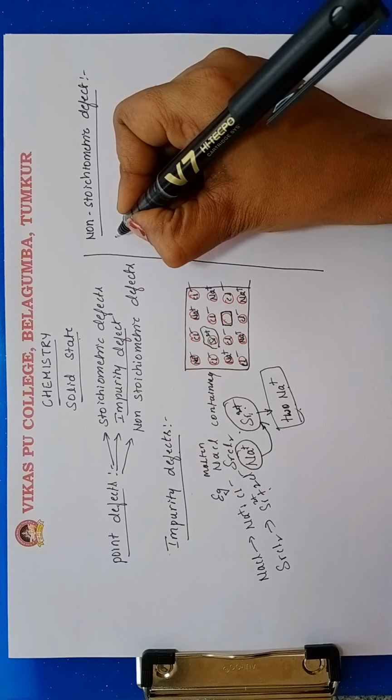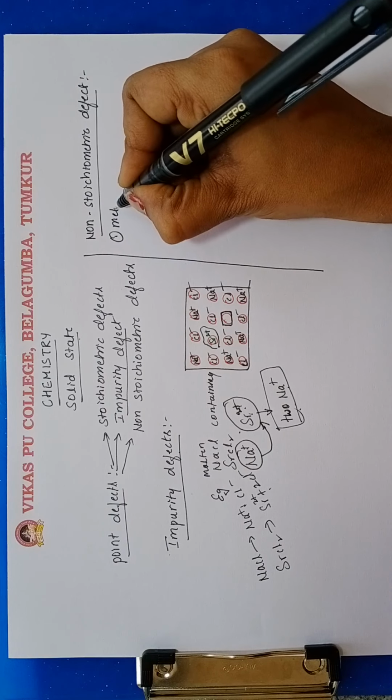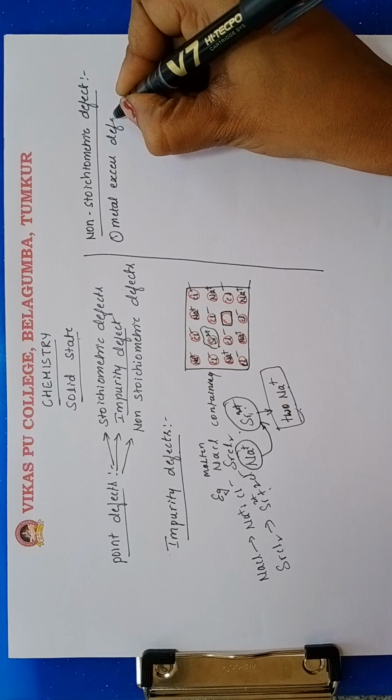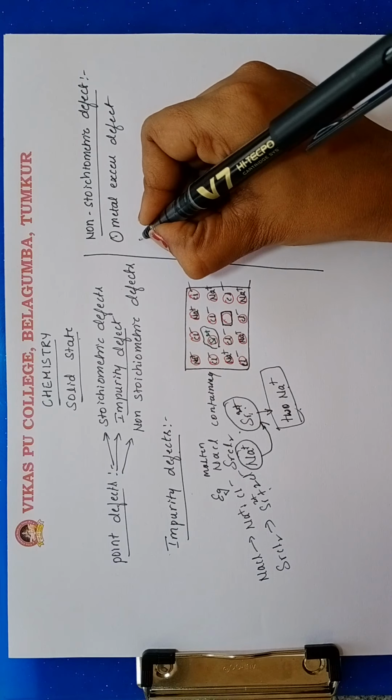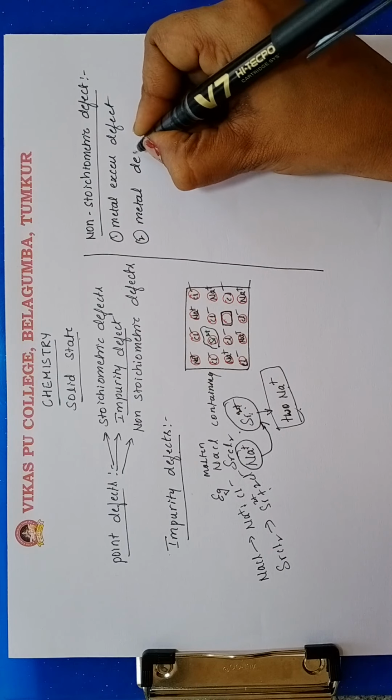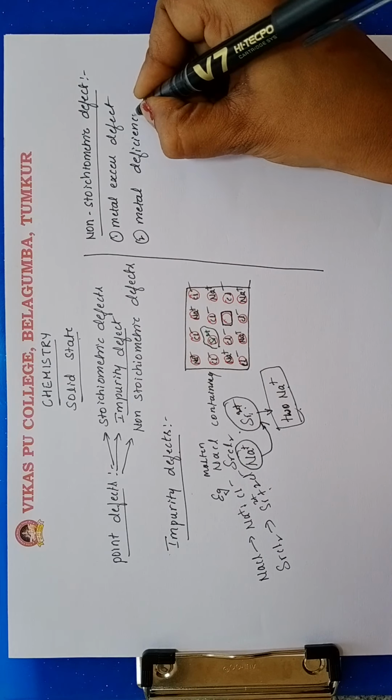The first one is the metal excess defect. The second one we call the metal deficiency defect.